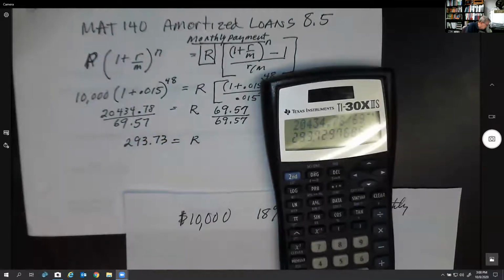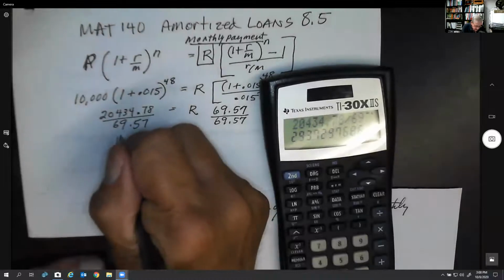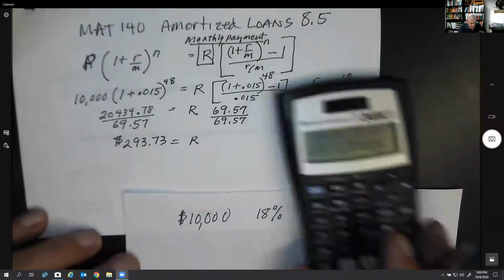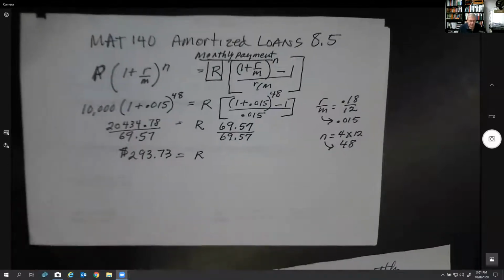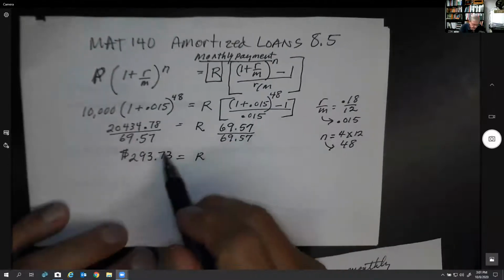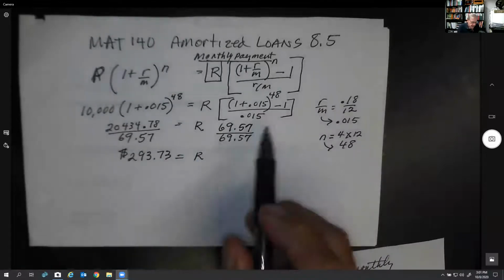And according to the book, they came up with 75 cents. So we were off 2 pennies. It's pretty accurate. If you were off $10 or something, it would be very inaccurate. But 2 cents, not too bad.